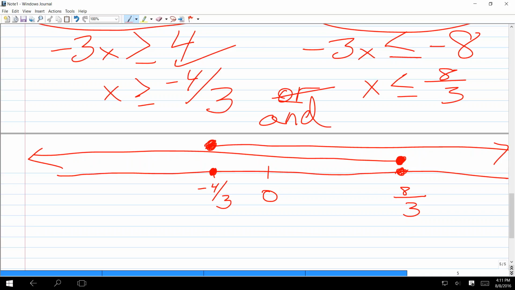Well, that includes every number on the number line. So there is a difference. I didn't want to really confuse you with that, but that's actually the perfect example to illustrate the difference between or and and.